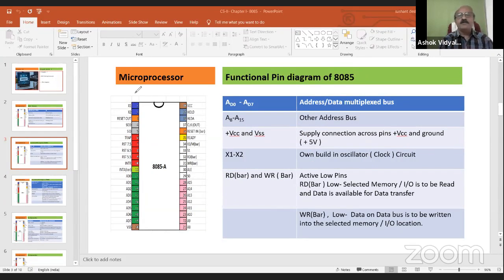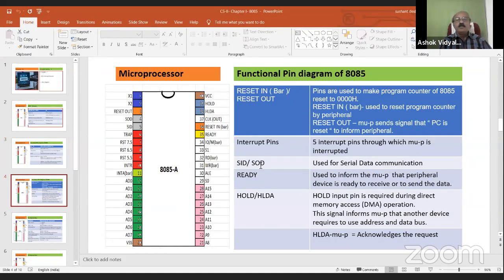Right, guys? Moving ahead, once we have seen this functional pin diagram, let's move ahead with the other pins, that is reset in bar and reset out bar.